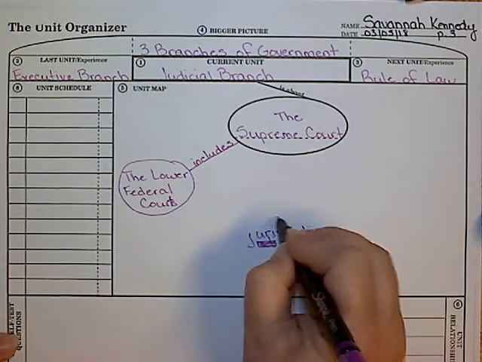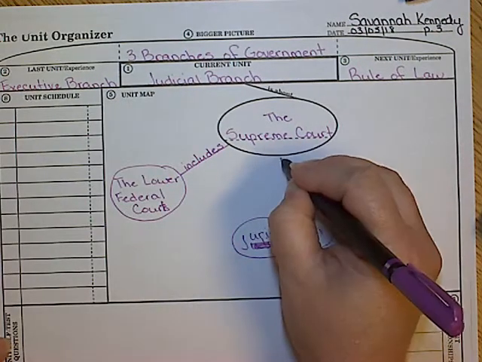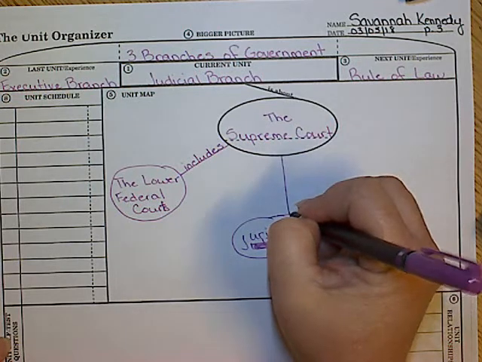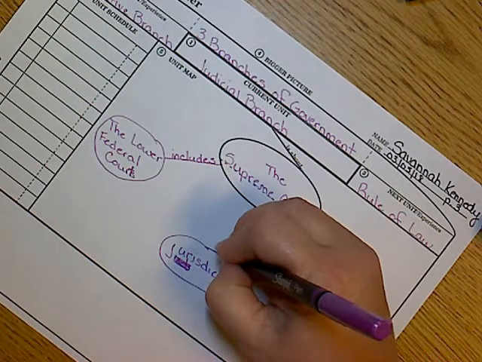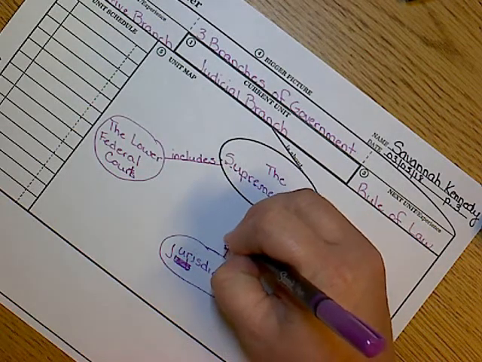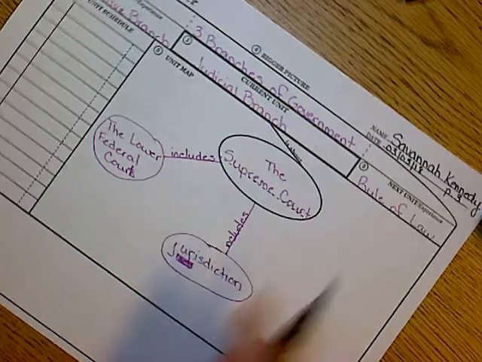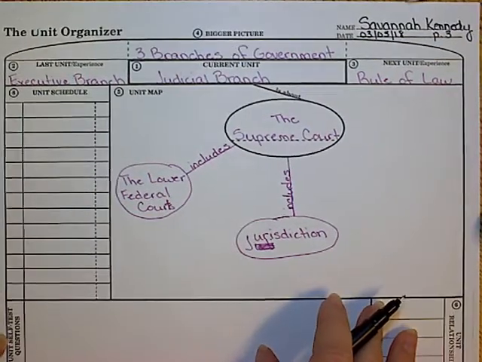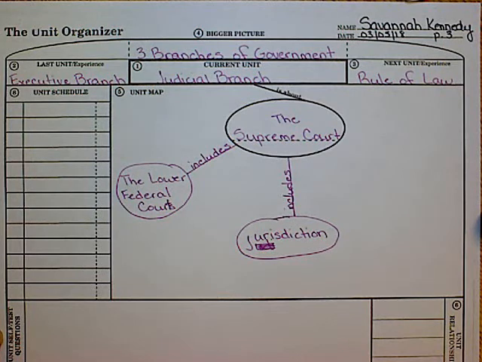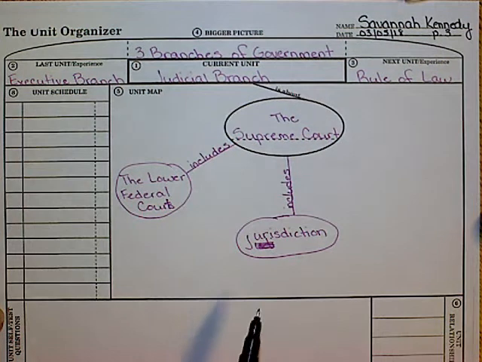Okay, so put a bubble around that because that's our second area, because not every court that you see is a federal court, and what they talk about in those courts is not always the same. So Supreme Court includes jurisdiction, because the Supreme Court does not hear every single case. So it's important you understand what exactly is involved in the Supreme Court.